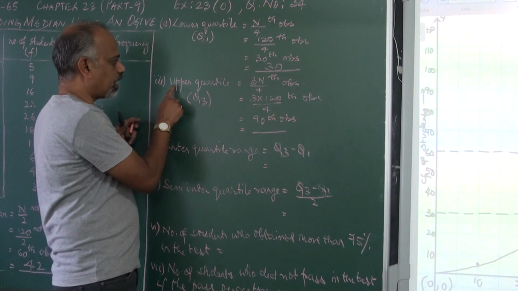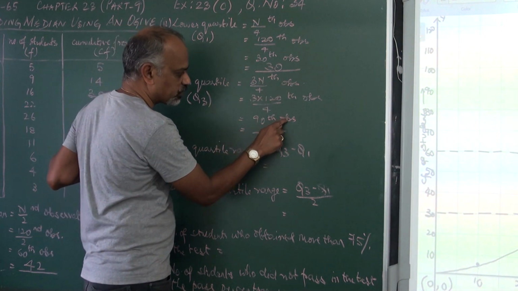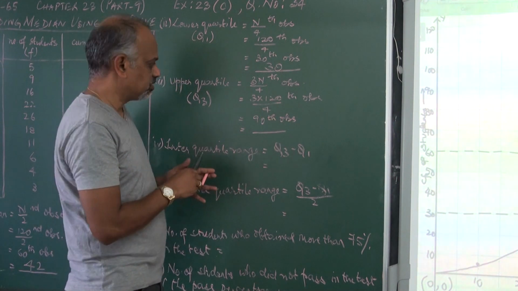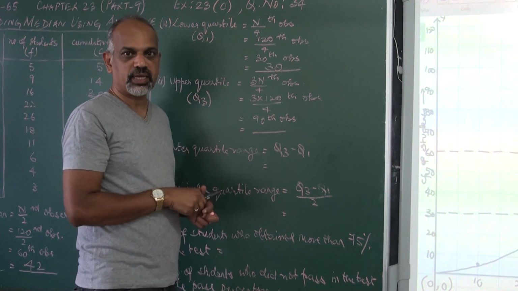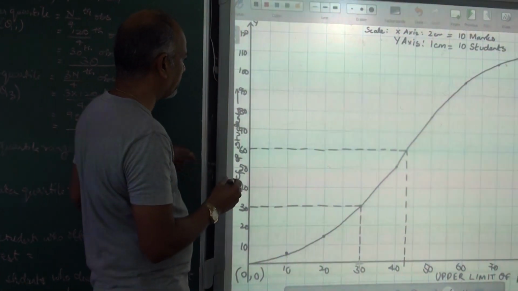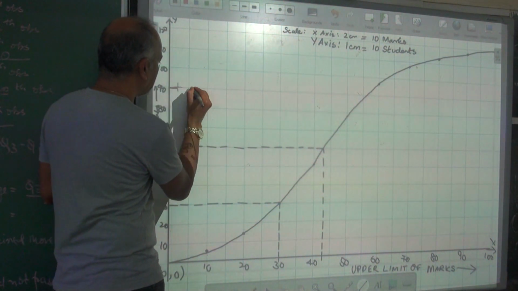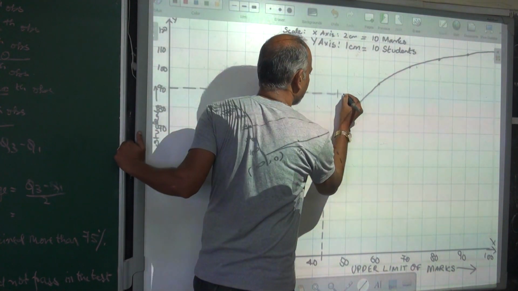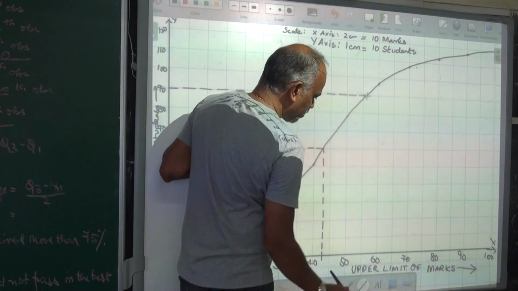Next, you're going to find the upper quartile, which is the 3n by 4th observation, which should be the 90th observation. Again, this 90th observation is the cumulative frequency. So on the graph, you have to look for the 90th observation and find the value on the x-axis. Going back to the graph, cumulative frequency 90 is here. From here, you draw a horizontal line to meet the curve, and from this point, drop a perpendicular line going down.